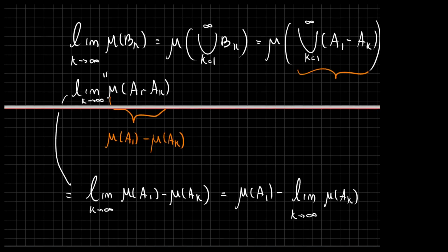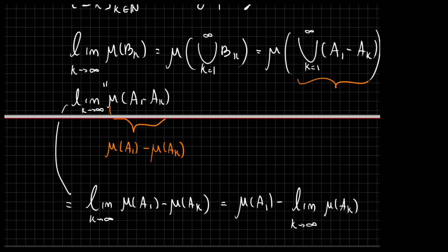And what is that? Well, I need you to remember that a difference of sets is kind of a complement. So this thing here could be understood as the complement of Ak in A1, right?